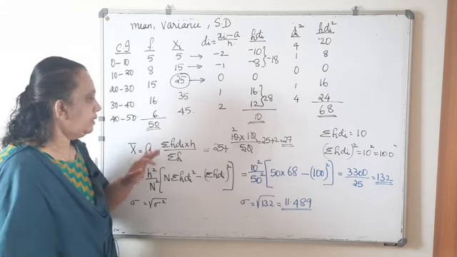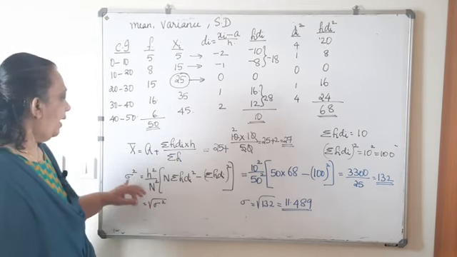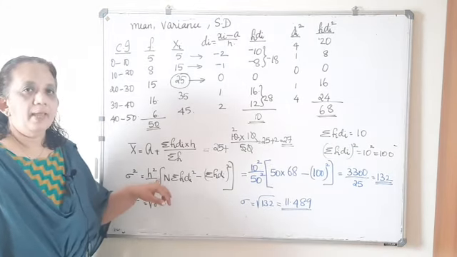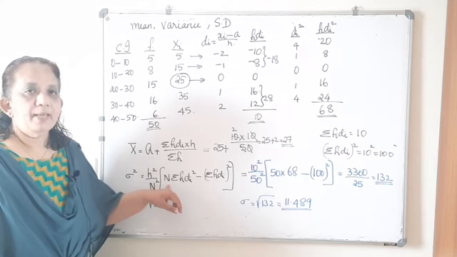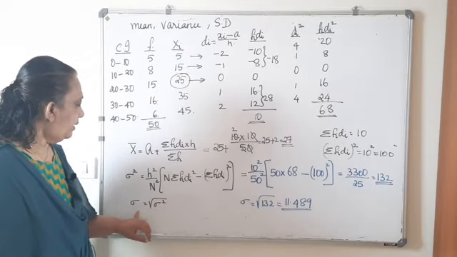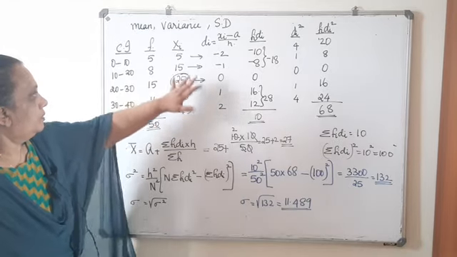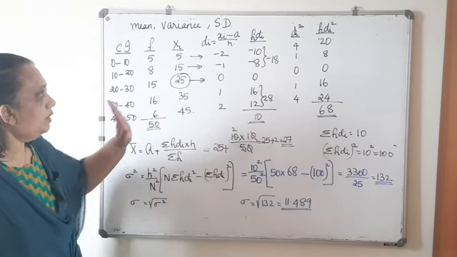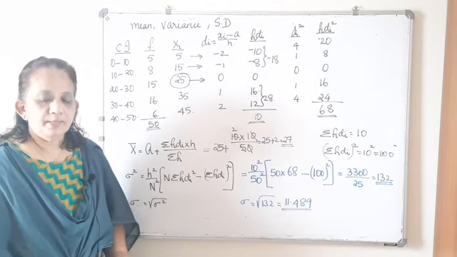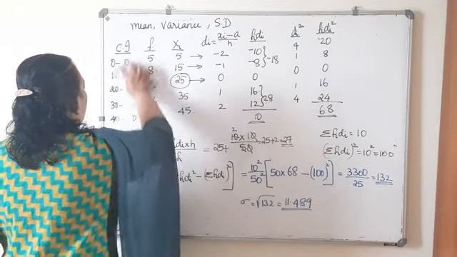So mean is equal to a plus sigma fi di into h divided by sigma fi, and variance is equal to h squared by n squared into n into sigma fi di squared minus sigma fi di the whole squared, and standard deviation is equal to square root of variance. So you have found the assumed mean, and this is how you do the standard deviation, mean and variance when class intervals are given. Okay.